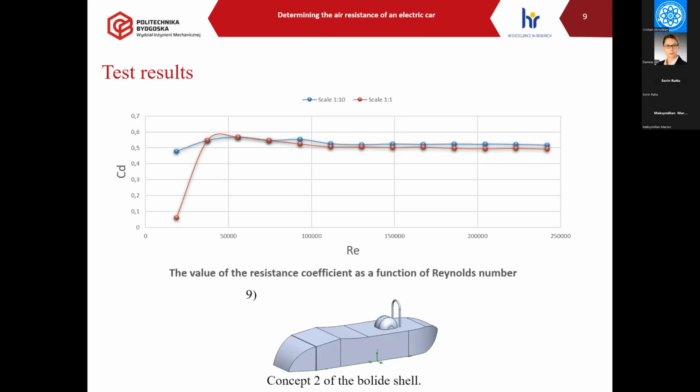In this case, the difference between the next points is also about 2%, and above a Reynolds number of 150,000, almost complete flattening of the curve is noticeable.